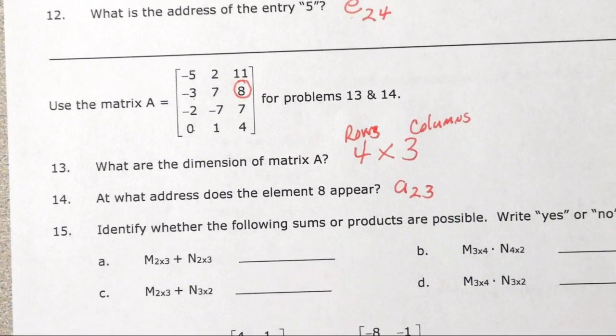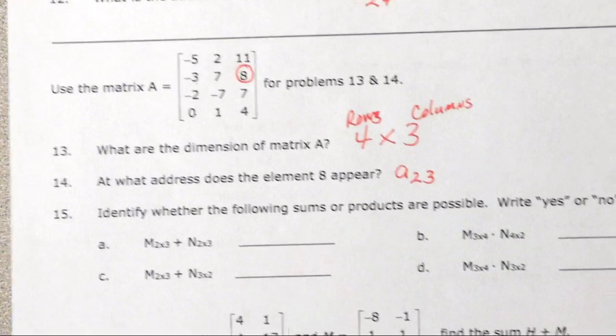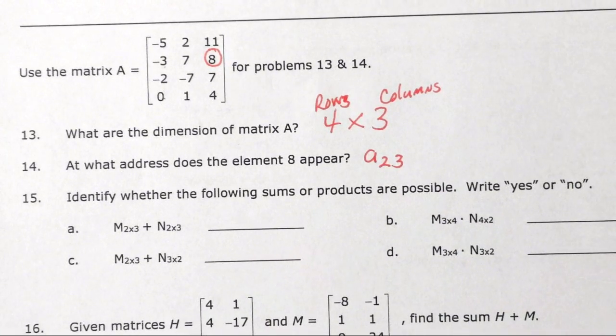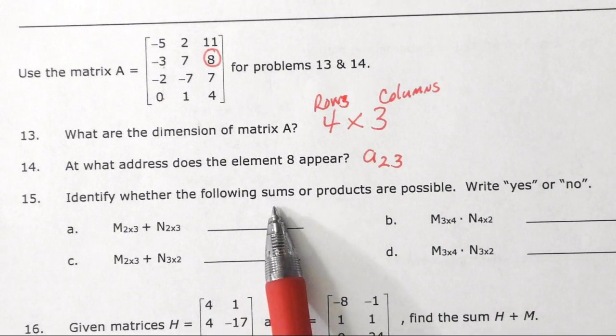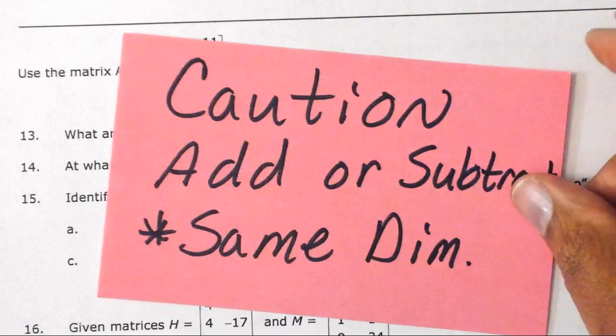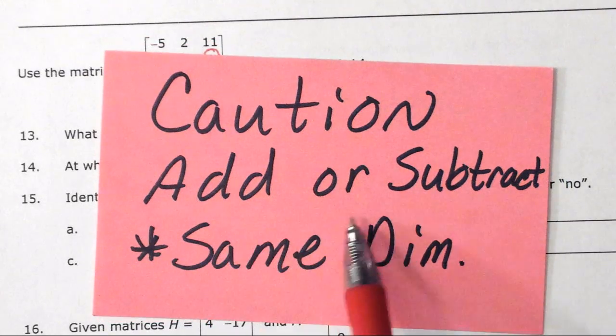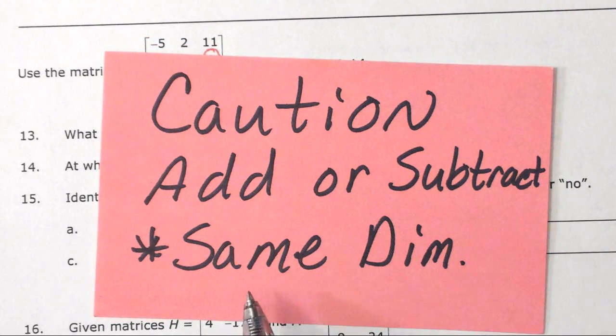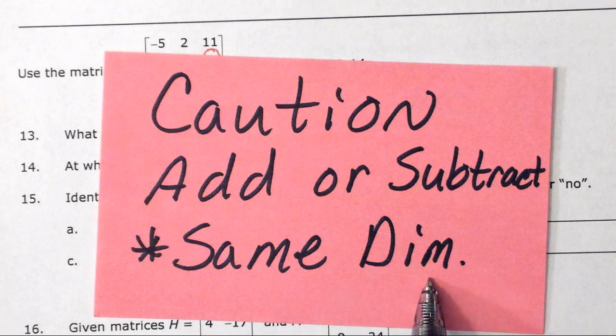When we are looking at starting to do operations with matrices, like in problem 15, they want us to add or multiply. But we have a caution here. Caution statement. Anytime you add or subtract matrices, you must have the same dimensions.